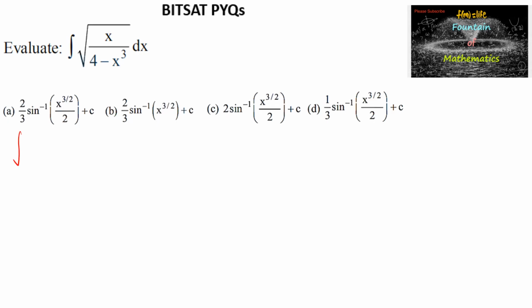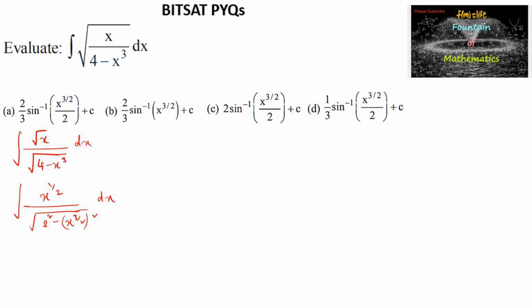Evaluate the integral of root x upon under root of 4 minus x power 3. So we can write root x upon under root of 4 minus x power 3. This can also be written as integral x to the power 1 by 2 divided by under root of 2 square minus x to the power of 3 by 2 whole square dx.